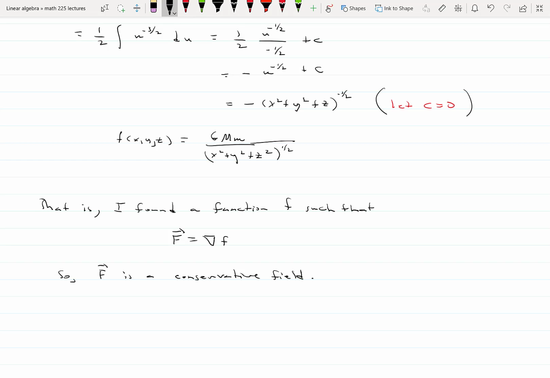But the real thrust of this section involves the consequences of having a conservative field. Okay, so now let's get to the title of the section. Let's talk about what we mean by the fundamental theorem for line integrals.